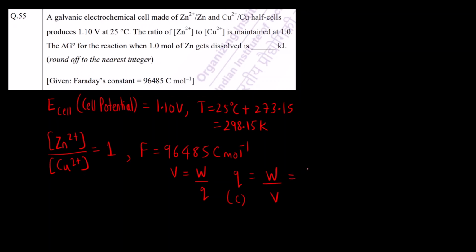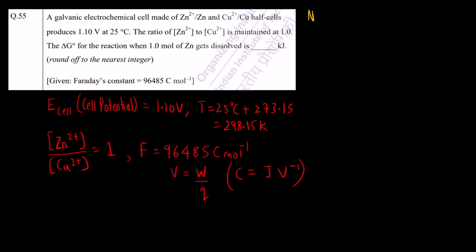The unit of work is joule, and the unit of potential difference is volt. So coulomb I can write as joule per volt. Why have I done this? It is easier for us while cancelling the units. So coulomb I can write as joule per volt.